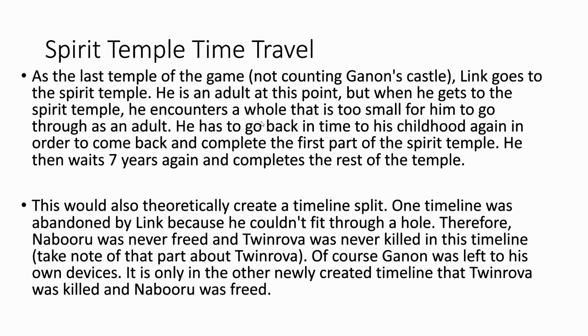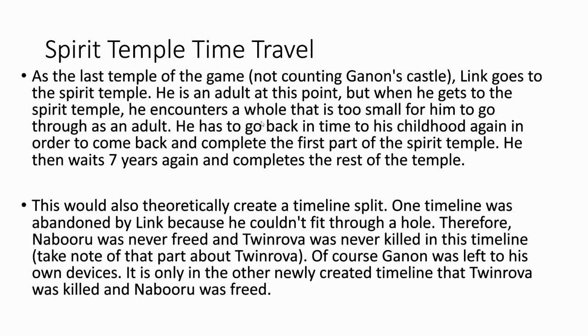So now timeline 2 gets abandoned simply because of a hole. It's kind of funny to think about that. Link's just like, oh, I found a hole. It was too small, so I'm just going to abandon this timeline.